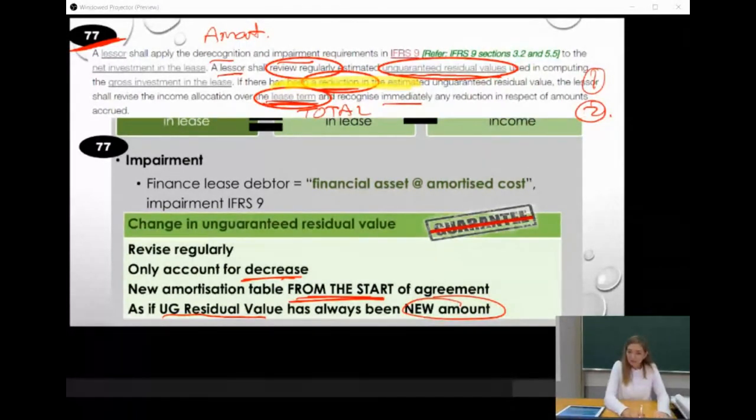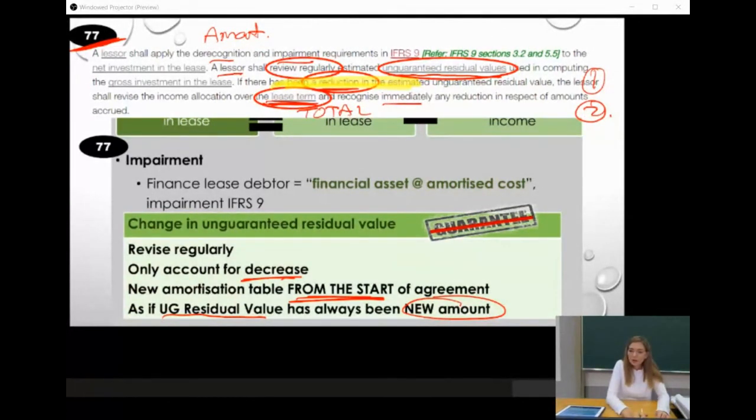Okay, so do we do absolutely nothing with it? Yes. We celebrate it, but we don't account for it. And that's not what I said, that's what the standard tells us, IFRS 16, paragraph 77. So I just think it's like prudence, it's being a little bit prudent about that.